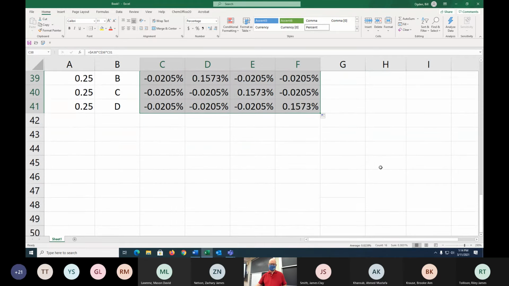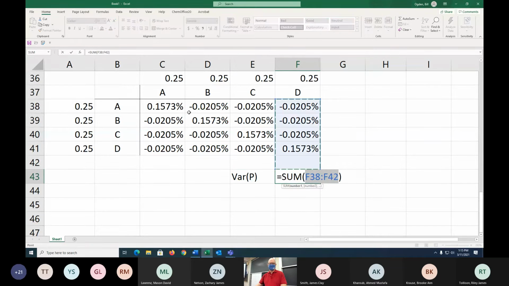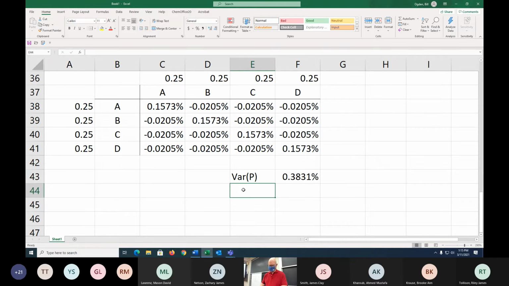Okay, so here we go. Portfolio variance. Okay, let's get it. Auto sum. Everything in here. Standard deviation.